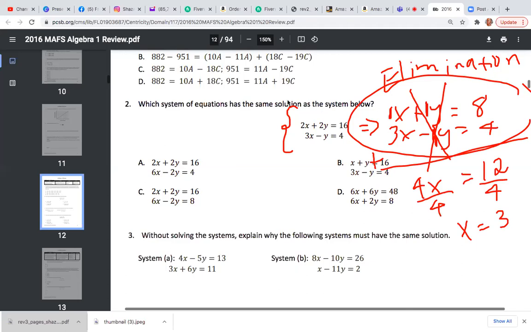Now, remember, this is a system of equations: 2 equations, 2 variables. So how many answers should you have? 2 equations, 2 variables, 2 answers. You have an answer for x. Now you have to go back and find y. Remember that the first equation says x plus y equals 8. So if x is 3, 3 plus what gives you 8? What would y be?